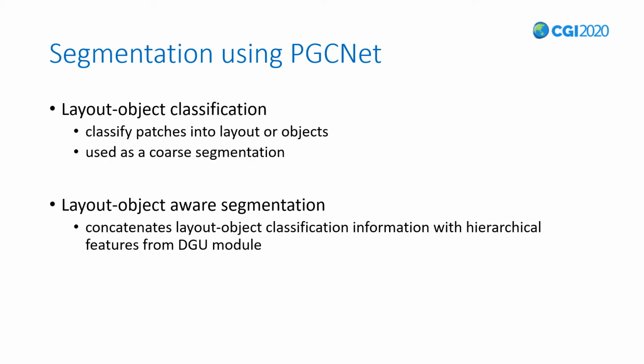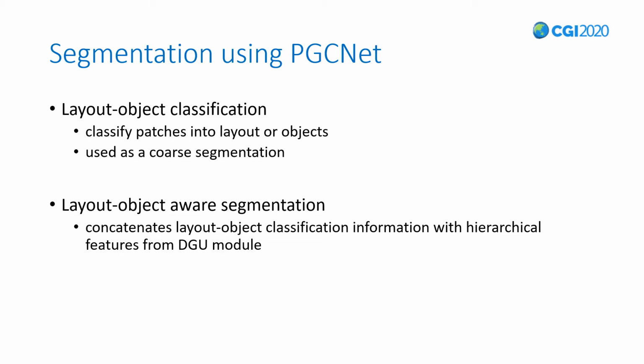Based on patch features, we argue that most patches can be classified into layout or object. The classification can be regarded as a coarse segmentation, which is presumably beneficial for the final segmentation.